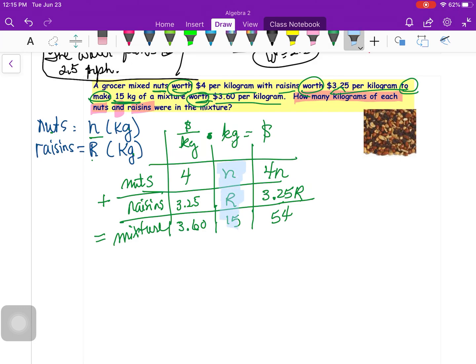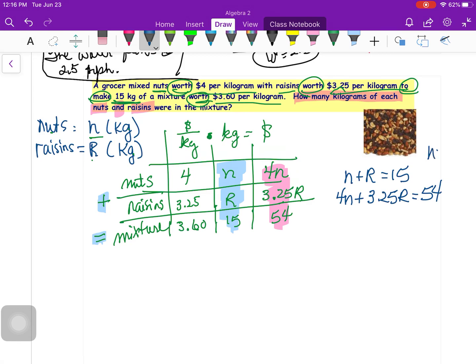So in this case, my equations are located right here and right here. So I have N plus R equals 15. 4N plus 3.25R equals 54. And I'm going to do substitution.